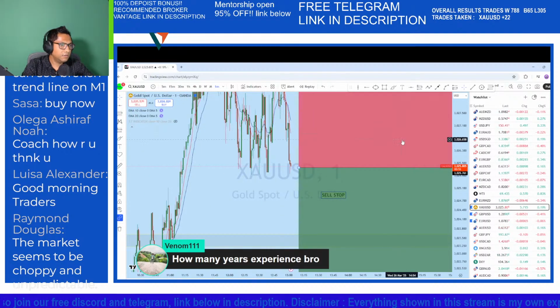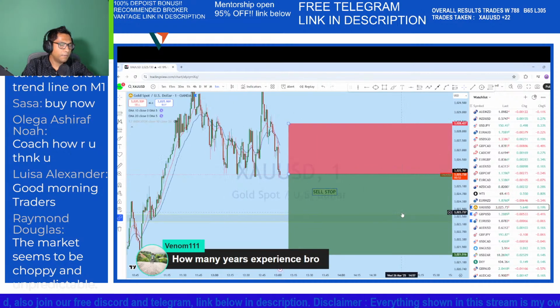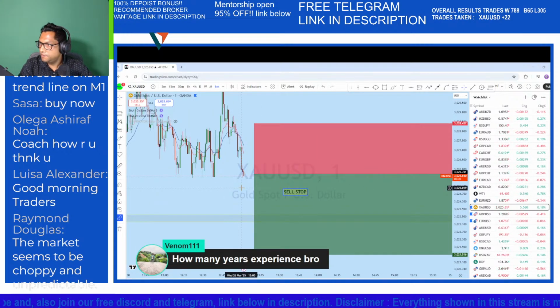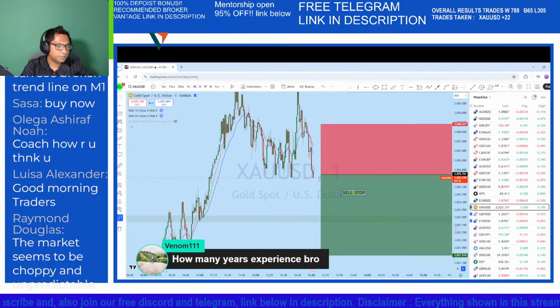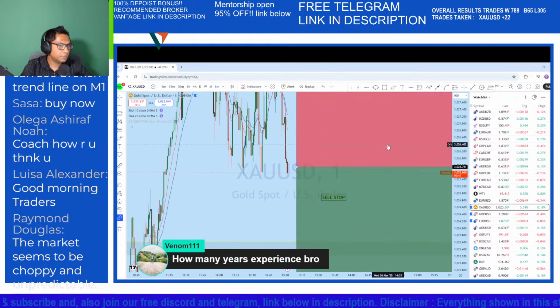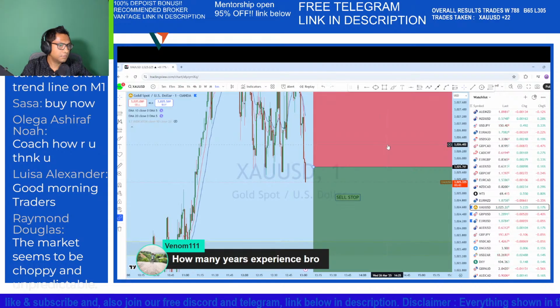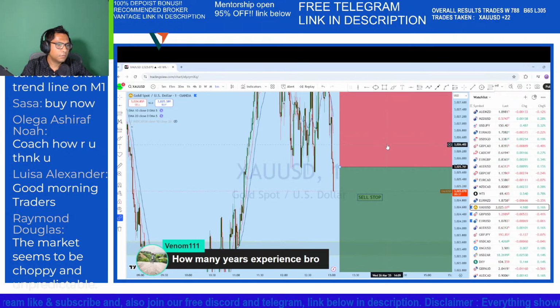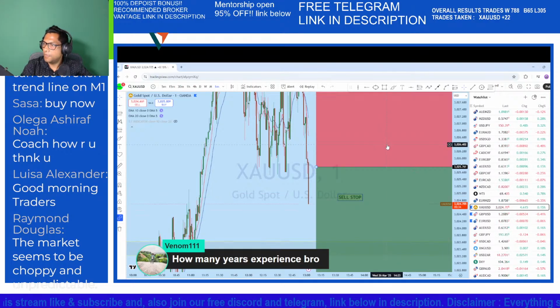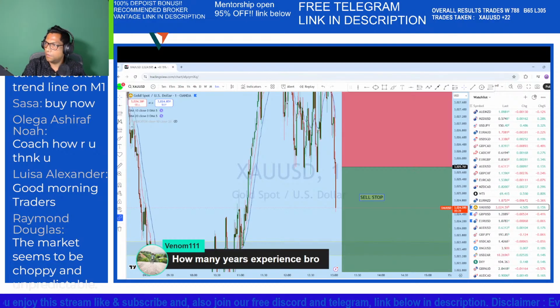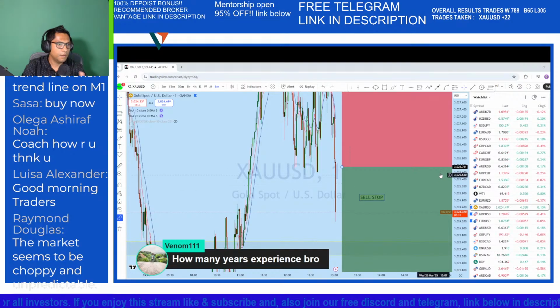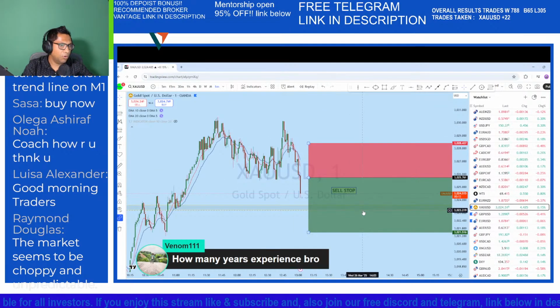Is the market trending or coming back below? I think we could see that trend start to drop. It has broken completely, break below.